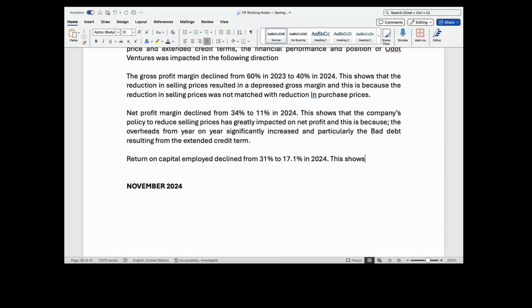So this shows that the return available for investors has been depressed as well.